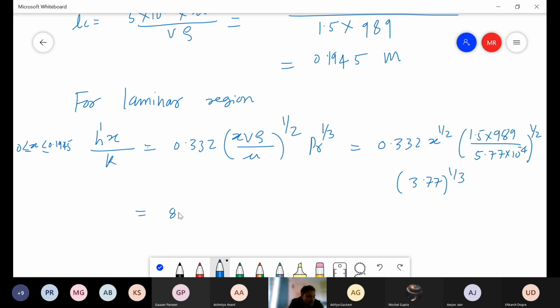So this comes out to be 828.2 x raised to the power 1/2, and this will be h' x divided by k. Thermal conductivity we have also obtained as 0.64. So from this we get h'.